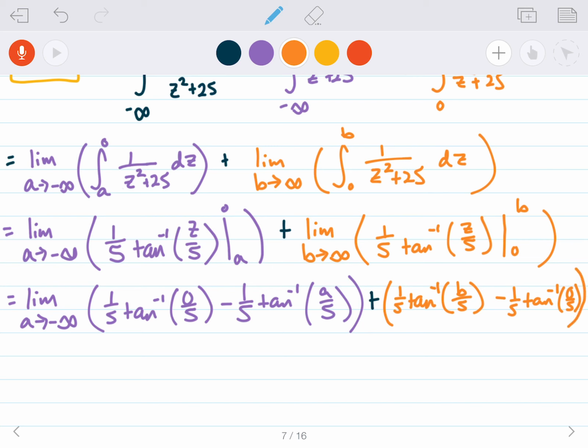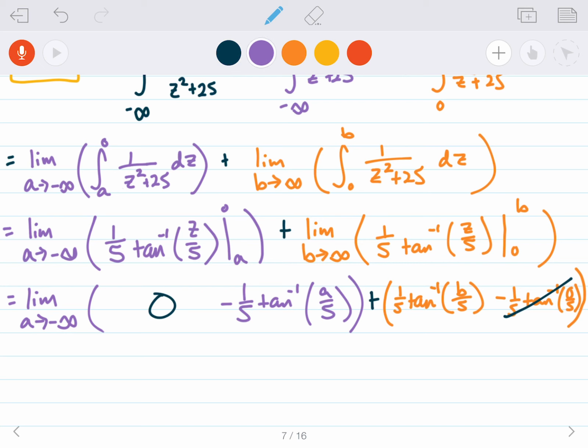Beautiful. All right, let's go ahead and clean it up. So this thing is tan inverse of 0, which is just 0. So this whole thing clears to 0. This is before I'm plugging any kind of infinity in. Same thing over here. This thing clears to 0.